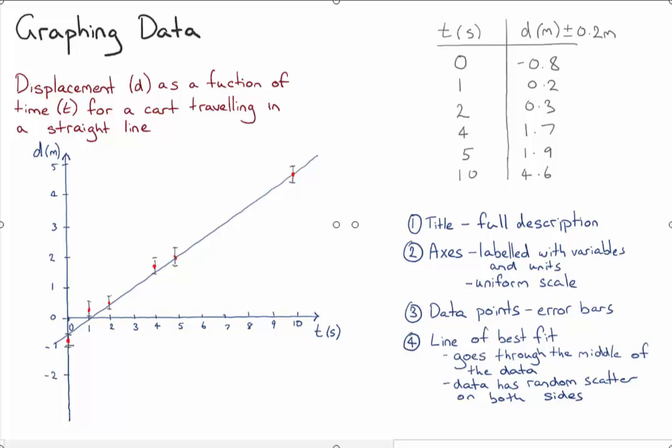Now, I'm not sure that my line is fantastic, but those are the kind of guidelines that you should follow. And just another reminder, do not join the dots, ladies and gentlemen. That is for primary school. Okay, there are some basic graphing tips as a reminder of how we approach the presentation of our data.